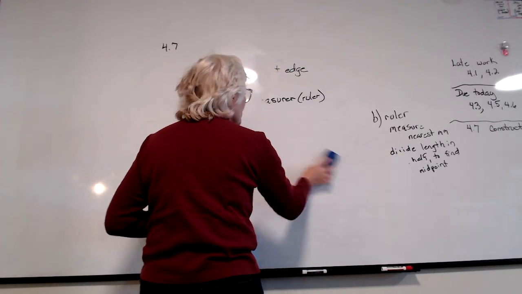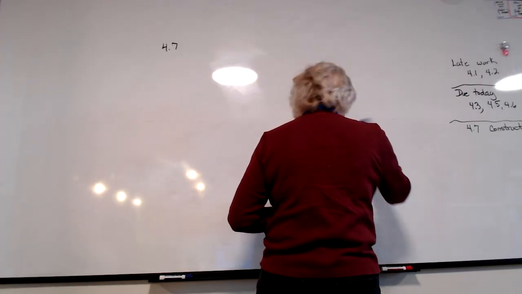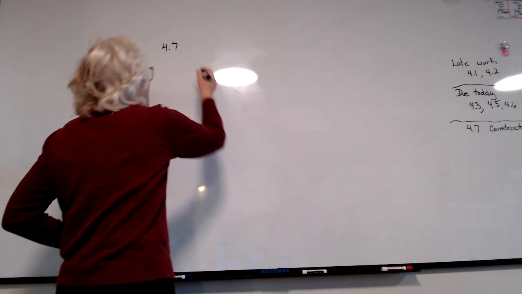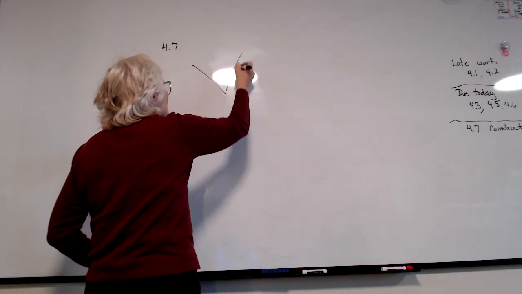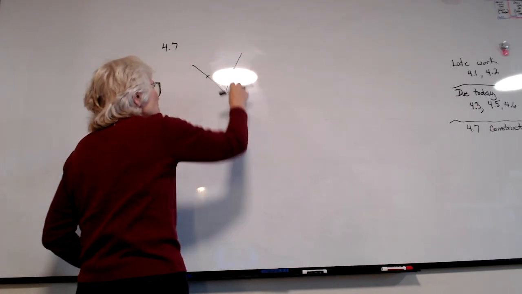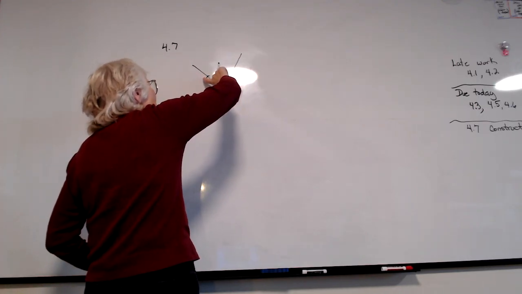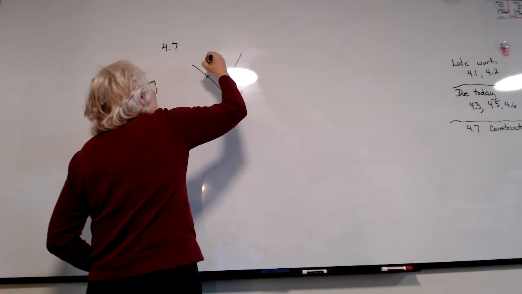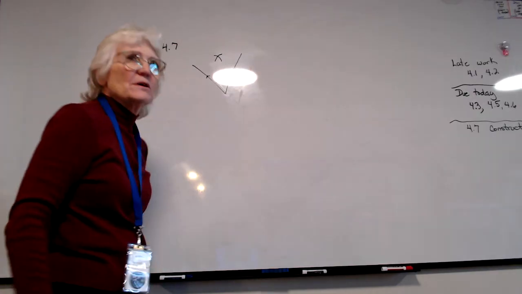The other ones were, and I'm not going to review all these, you've done them, is bisecting an angle. And that was where on an angle, you measure up with your protractor a distance and make that same distance over here. So you just set your protractor out, go the same distance, then just go from each of these points and mark things like that to get your perpendicular bisector.